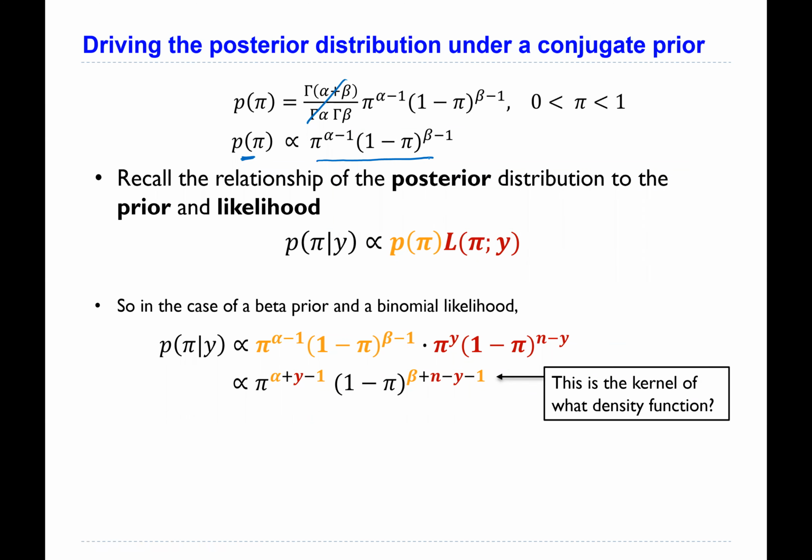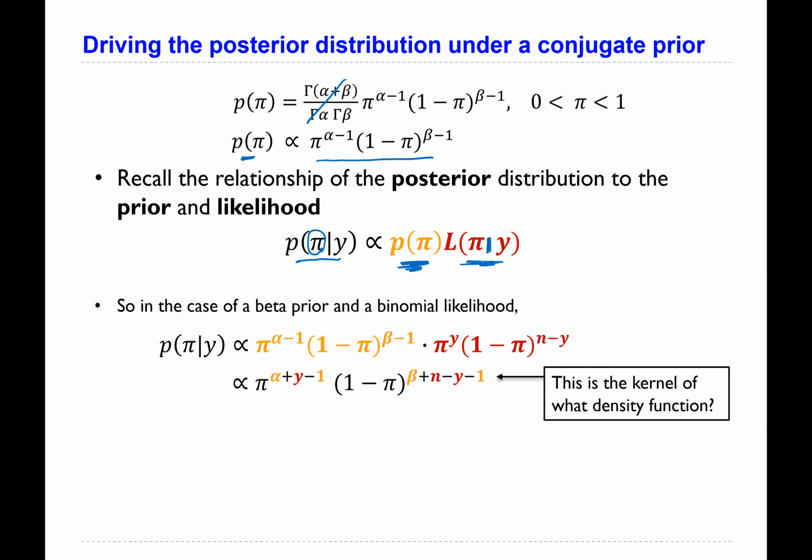We will use this one a lot during the semester. The posterior distribution of the parameter I'm interested in, given the data, is proportional to the prior distribution of the population proportion pi times the likelihood. You can write down L of pi semicolon y, or you can write given y. It's up to you.